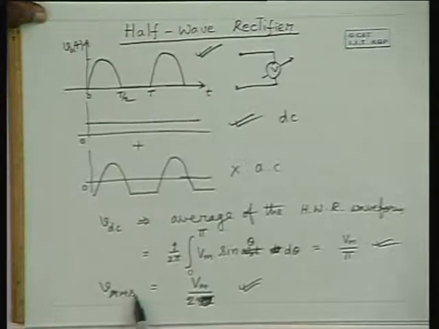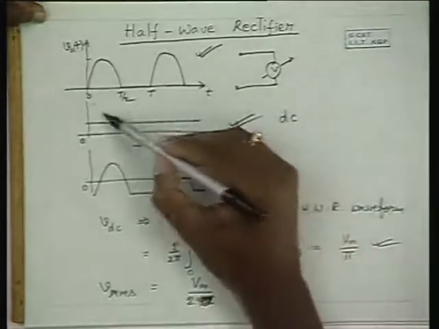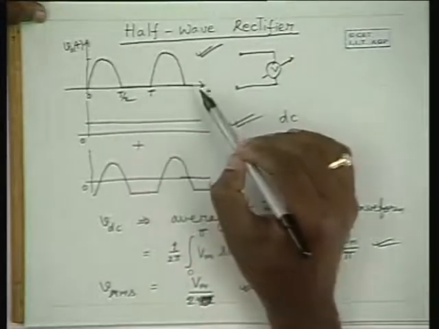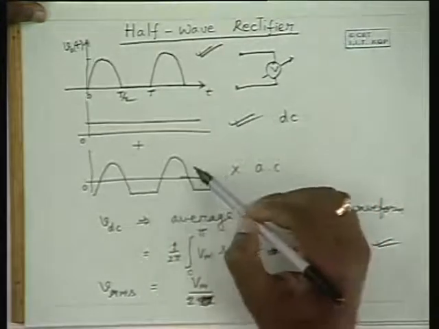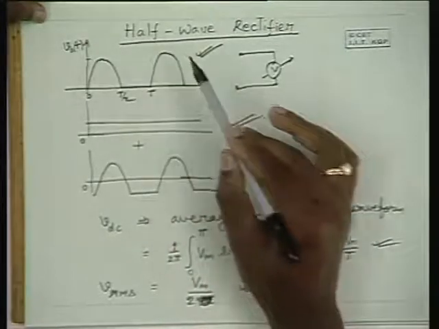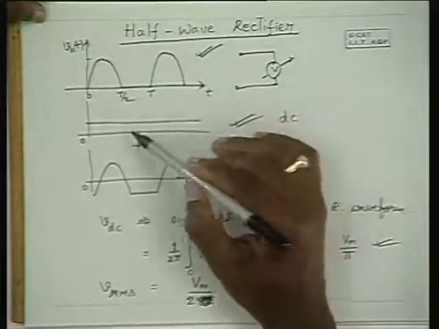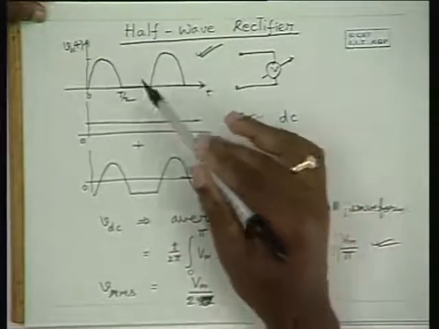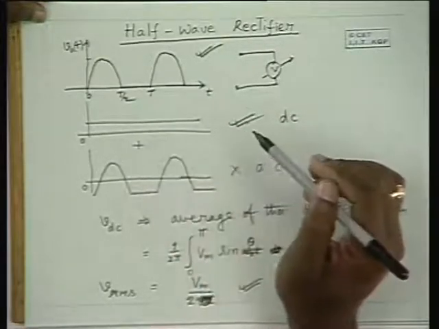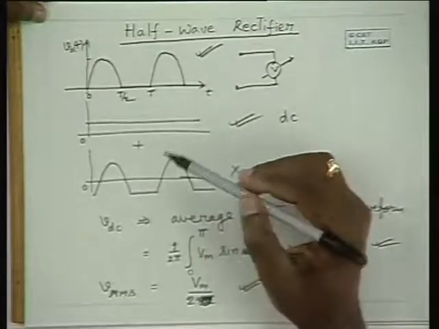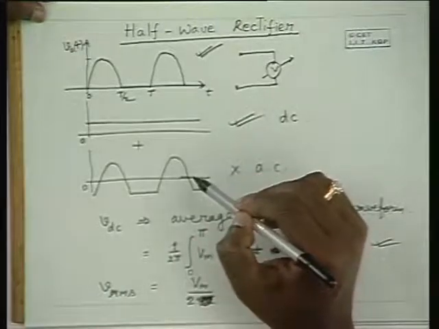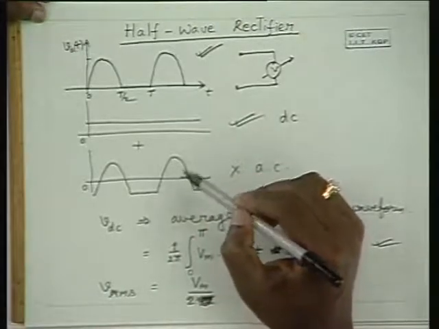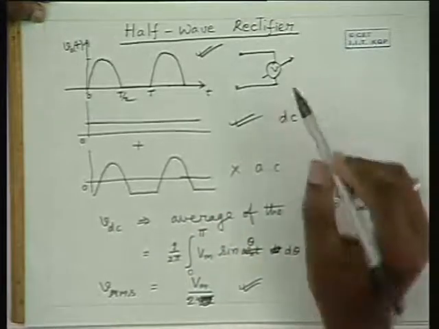And we have determined the RMS voltage as Vm by 2. This is the RMS voltage of the rectified waveform. It is not the RMS voltage of the ripple. It is the RMS voltage of the rectified waveform, which is the sum of these two, the DC and the ripple put together. So from this we have to compute the RMS voltage of the ripple itself, or the AC component. Then we can find the ripple factor.